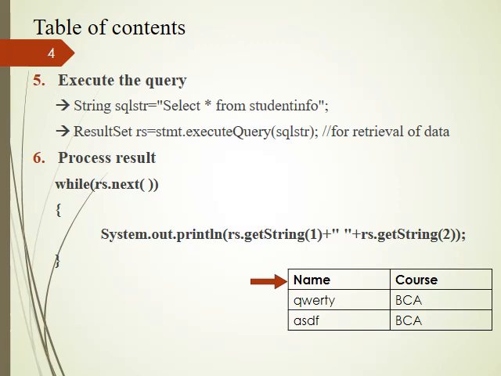That is where we are going to use the method next, rs.next. When this statement is executed, it will always look for the next line. At the beginning of the program, the pointer will point somewhere before the first row. When the rs.next statement is executed, the pointer will come to the next line.